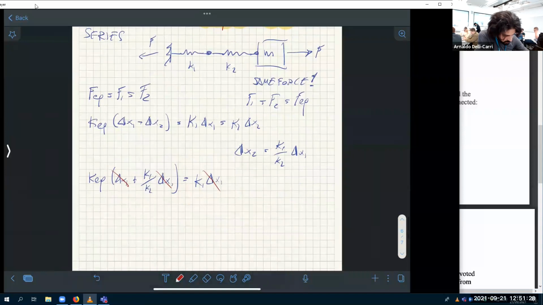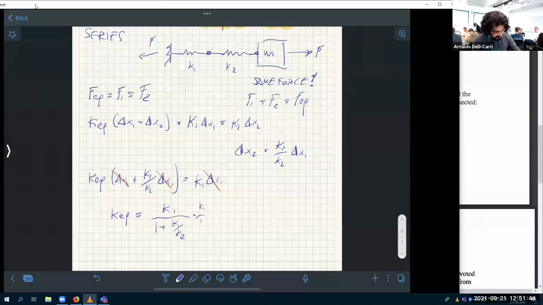And my new equation becomes that the K equivalent is equal to K1 over 1 plus K1 over K2. And if I multiply and divide this thing by K1, this and this go away, this and this go away, this goes here, there you go.